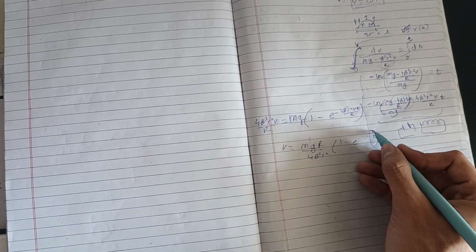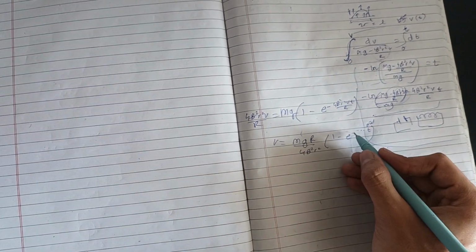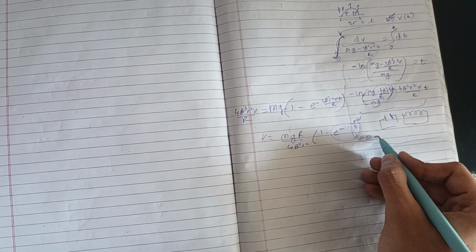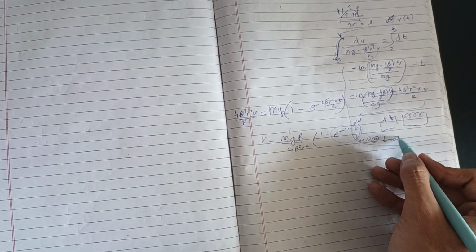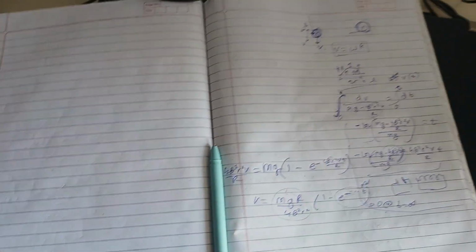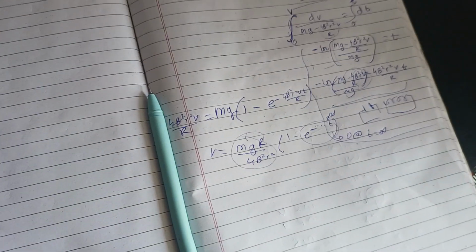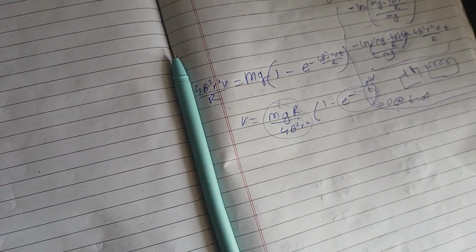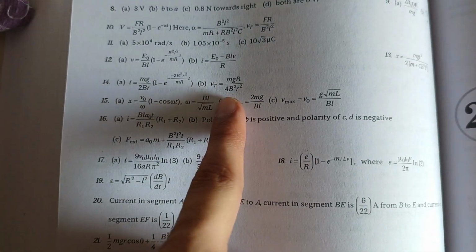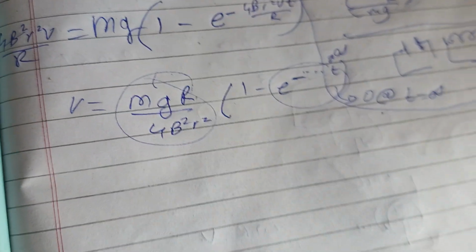If we put t as infinity, because it's minus, this term will become 0 at t equals infinity. Now when it gets 0, our answer will be this. Let's check the answer. I don't know if it's correct or not, but we found out the terminal velocity. The 14th answer is something like this, mgr by 4b square r square. Okay, let's go, it's correct.